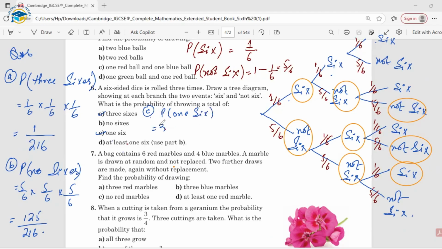So multiplying it by 3, first probability is 1 over 6 times 5 by 6 times 5 by 6, because one is only 1 over 6 and the rest 2 will be 5 by 6. Accordingly, 5 times 5 will be 25, and 25 needs to be multiplied by 3. 75 over 216. This is your probability, okay?